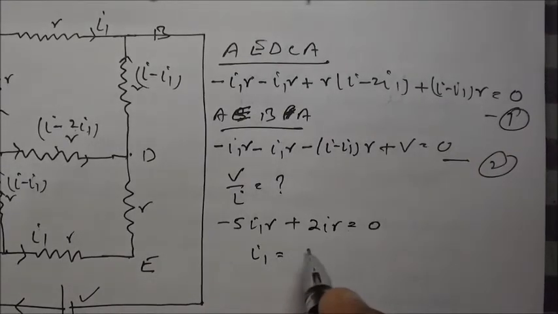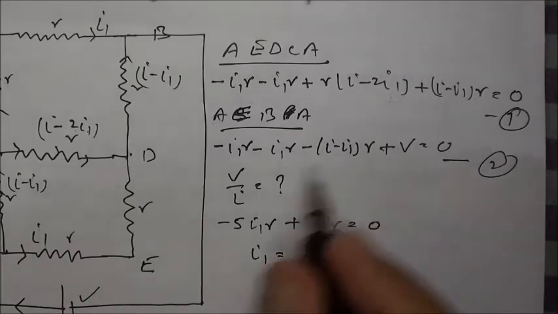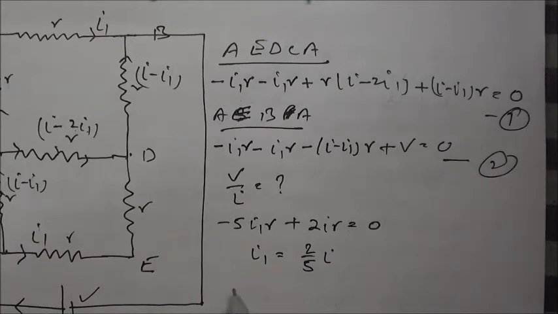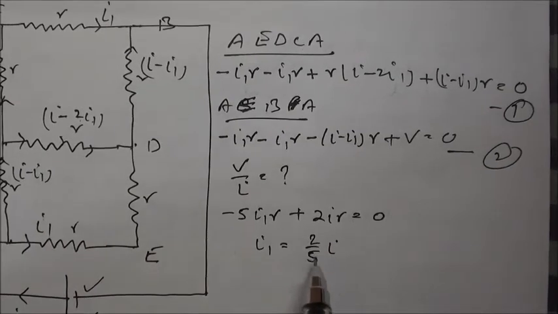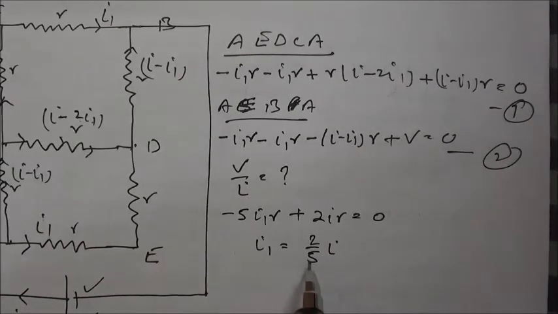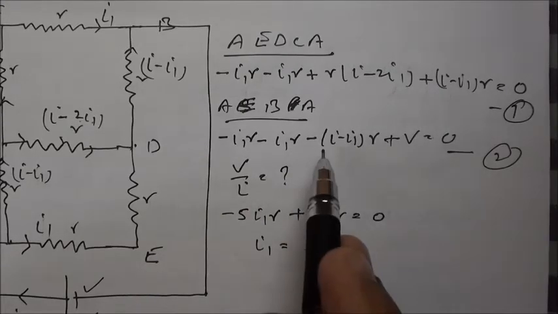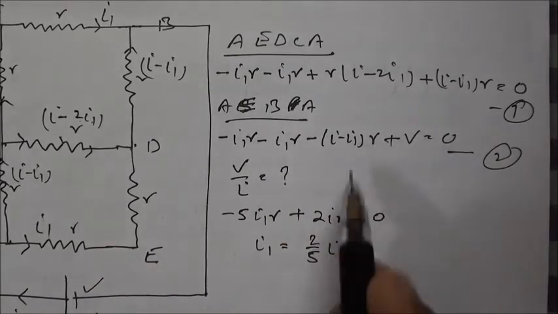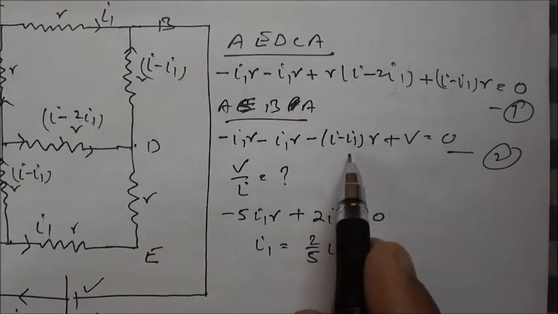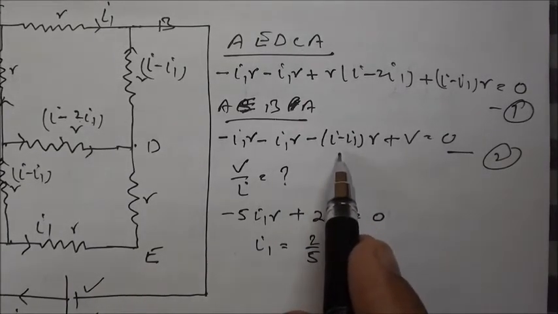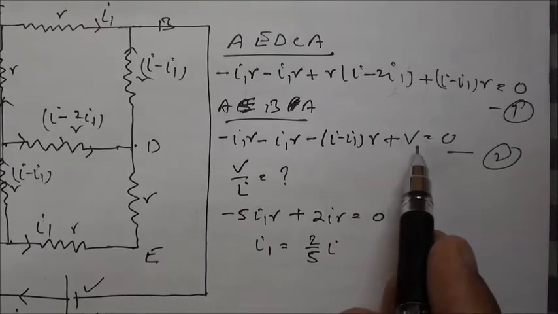So I1 is 2 by 5 I. Substitute this value here. So it becomes I1 R means minus 2 by 5, then again minus 2 by 5 minus R. I1 is 2 by 5. So 1 minus 2 by 5 will become 3 by 5. And plus V is equal to 0.